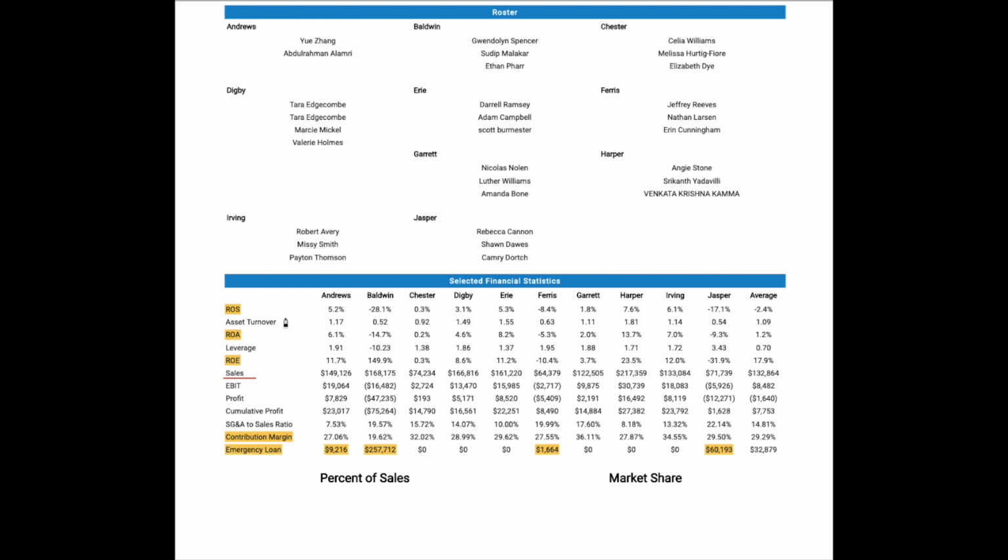The general information here includes ROS, ROA, and ROE. ROS is return on sales, ROA is return on assets, and ROE is return on equity.